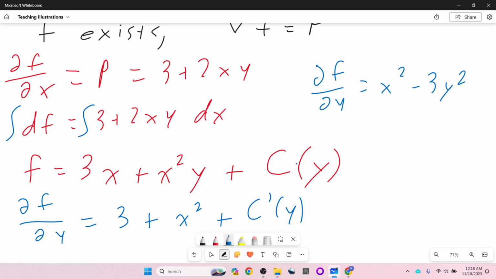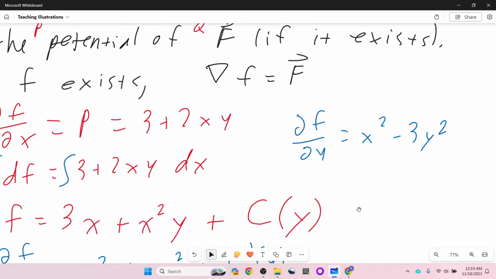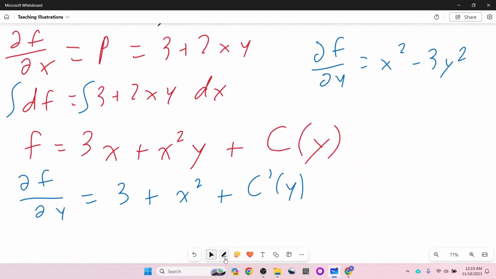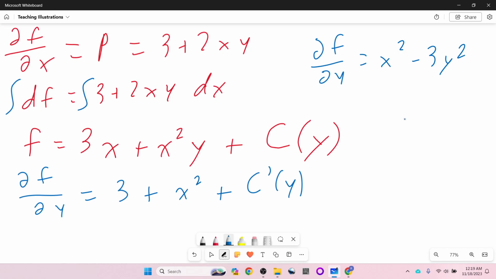Or, hang on a second, I think I have a mistake in this somewhere. Okay. Oh yeah, it's fine. So these two things are equal to each other. So we have x squared minus 3y squared equals x squared plus 3.